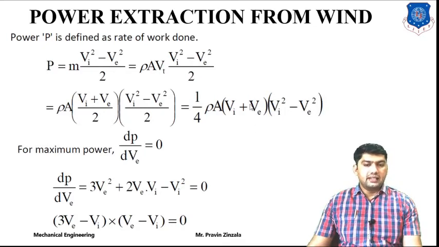By differentiating this equation, for the V E cube term, 3 will be in multiplication, and 3 minus 1 is equal to 2.